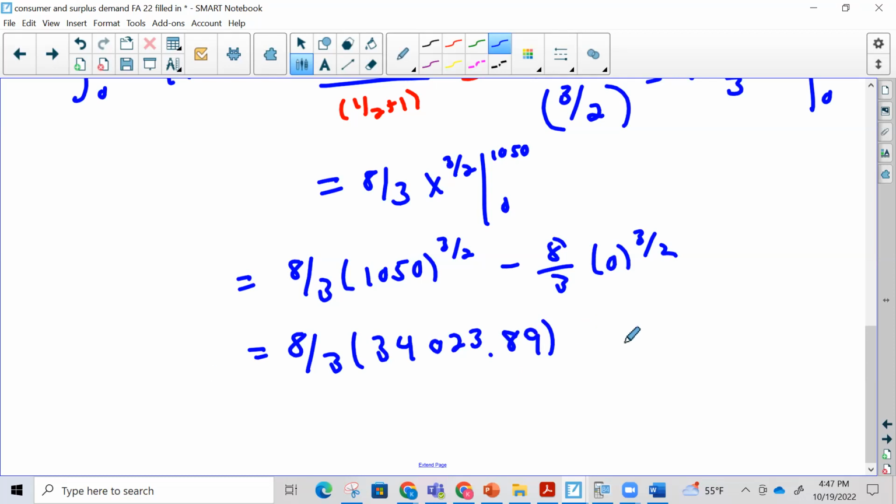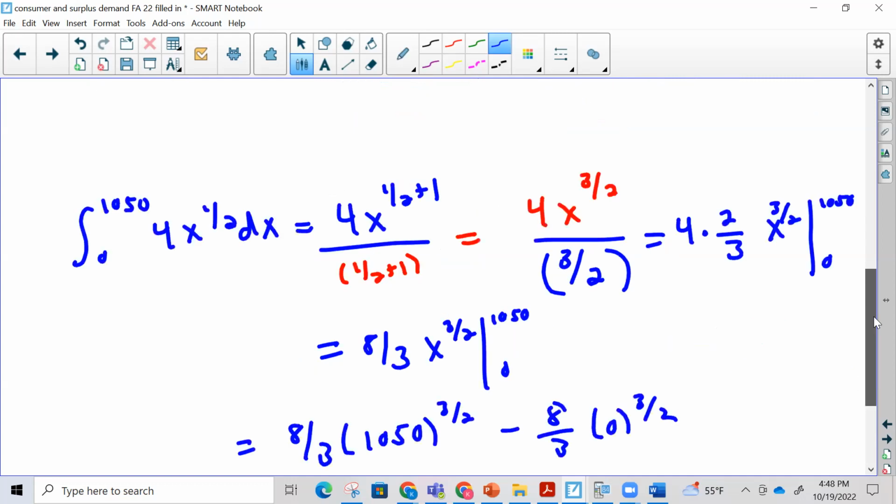And that gives me 90,730.37. Okay, so this is the integral that we found.